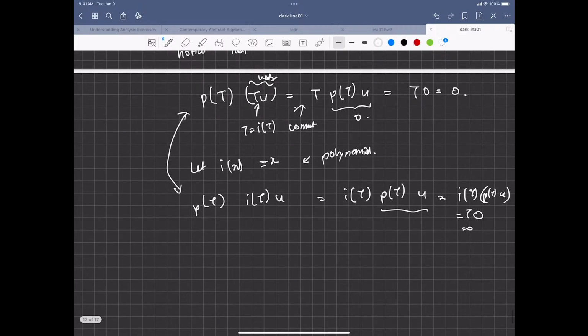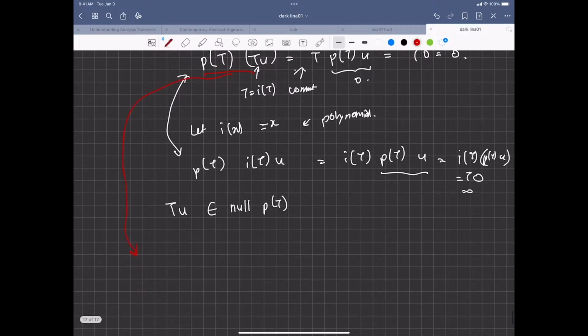That T of u is an element of null P of T, because we applied P of T. To lessen the confusion, let's take a look at this statement exactly. Sorry, it was a little confusing.